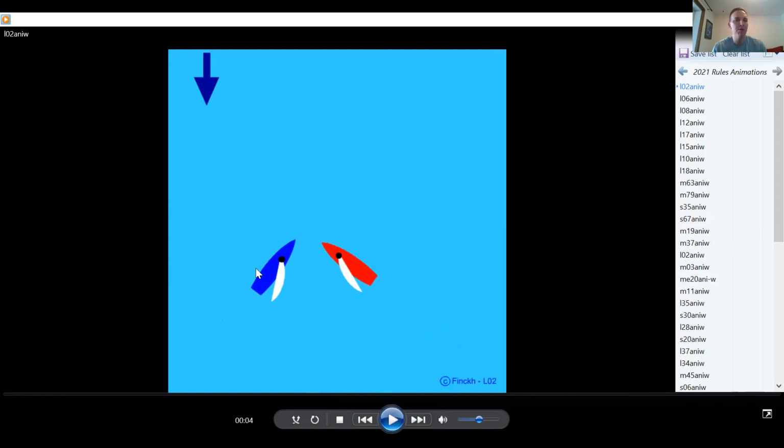So red's on starboard, blue needs to keep clear of red, either by tacking or ducking. And if blue doesn't, then blue has fouled red.